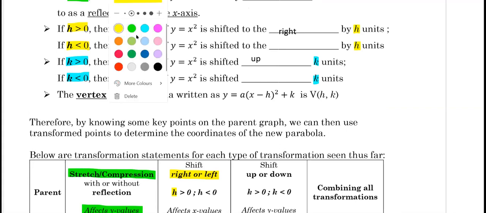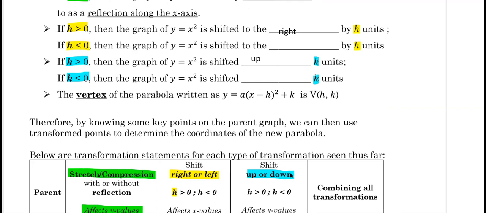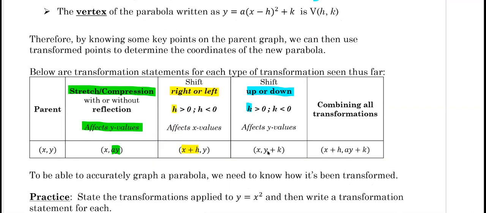And then lastly, the up or down movement is for k, and up and down is along the y-axis, but it's not stretching or compressing, it's just shifting or translating. The language can change: translate, shift, move, that's fine. But if you move something up and down, it takes that particular y value and either adds to it or subtracts from it.